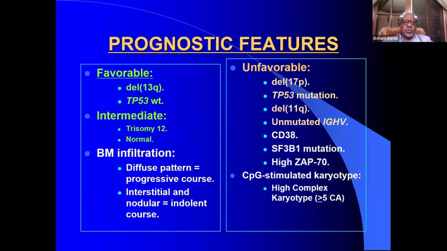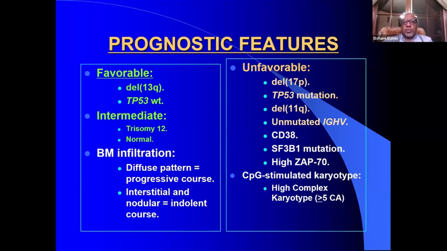On the left side, in green, these are the favorable: deletion 13, TP53 if it is wild type, normal. So that's good. Intermediate is trisomy 12 or normal chromosomes; even normal chromosomes are considered an intermediate prognostic feature. For bone marrow infiltration, the diffuse pattern is bad; interstitial or nodular is an indolent course disease.